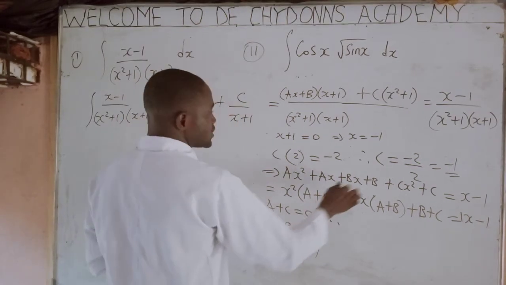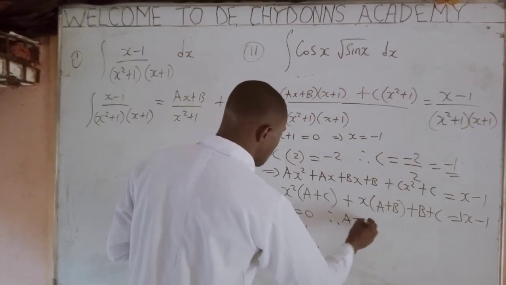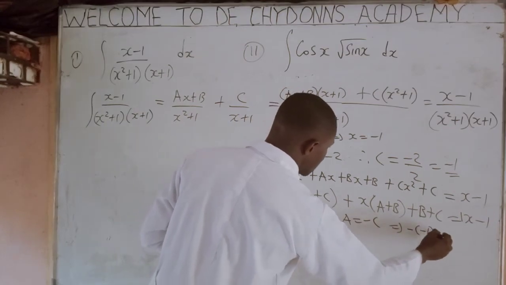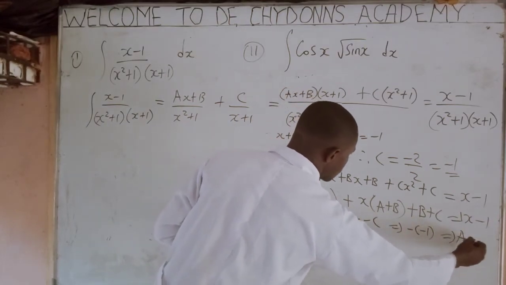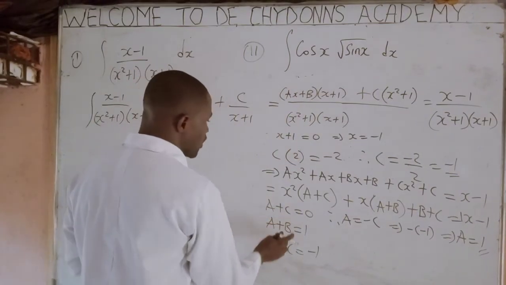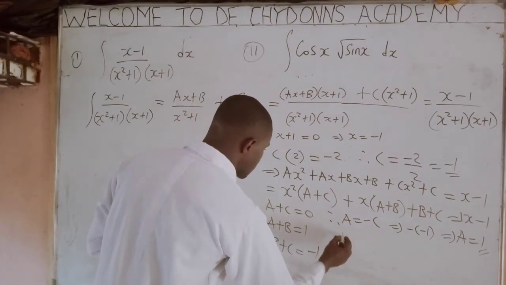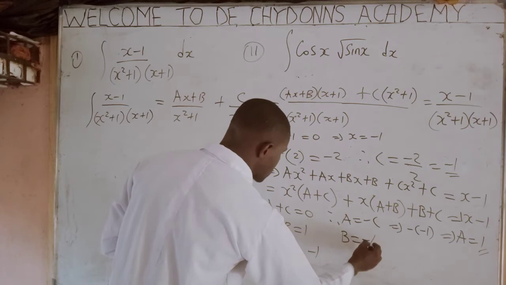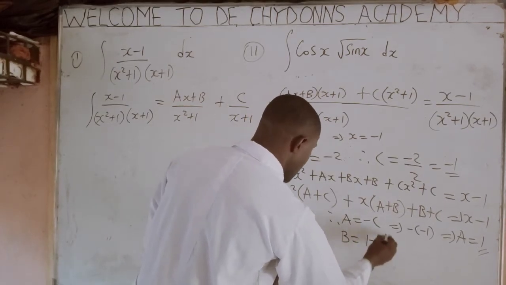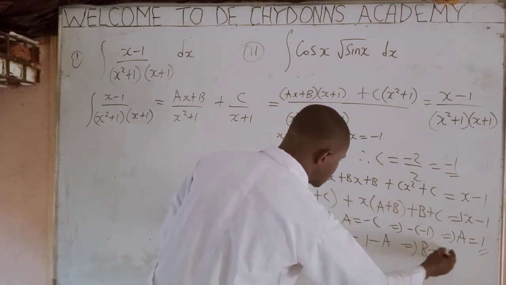Since c is equal to minus 1, a will be equal to minus c, and that will be minus (minus 1). That implies that a equals 1. Then if a is 1, what will be your b? Your b equals 1 minus a, your a is 1, it implies that b equals 1 minus 1, 0.